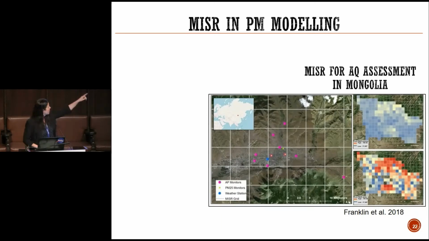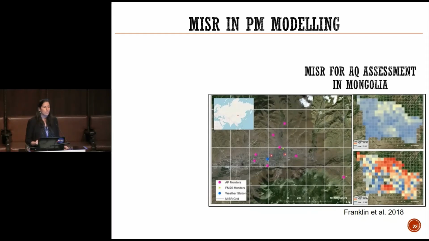The images you see up there: the top image is the PM2.5 predicted map for the summer, so very low concentrations, and on the bottom is the winter PM concentrations. The upper red area is where the citizens live and human activity is, and the bottom red area is coal power plants.